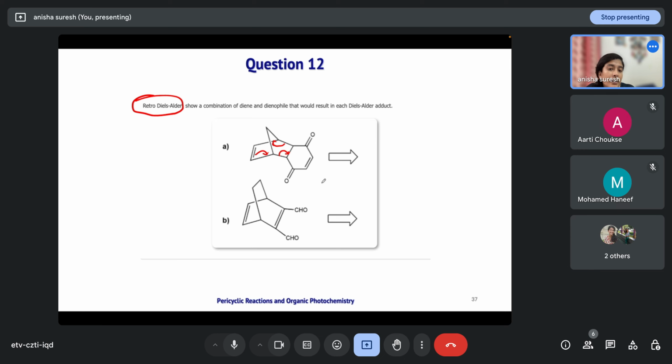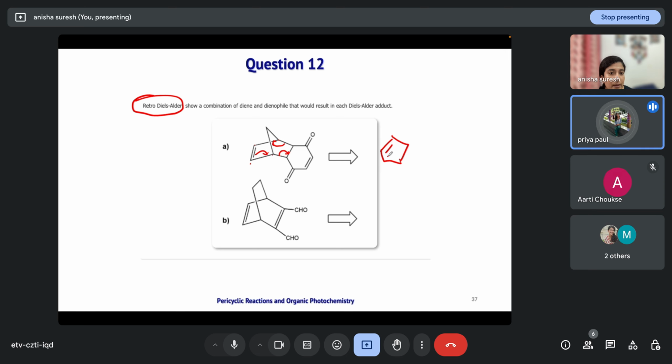What will be the starting materials? If it opens, 1, 2, 3, 4, 5, a 5-membered ring, cyclopentadiene, will result, plus the dienophile will be this para-benzoquinone.